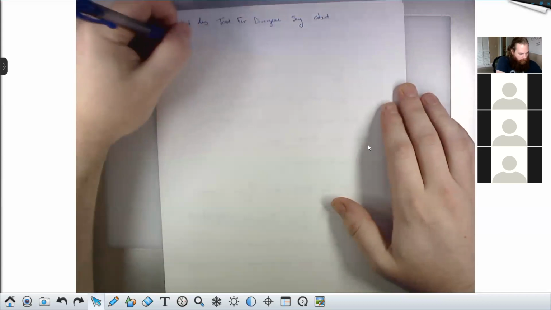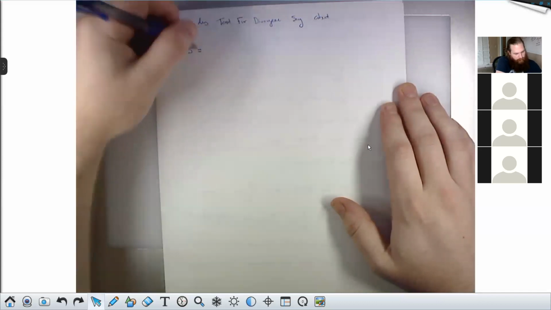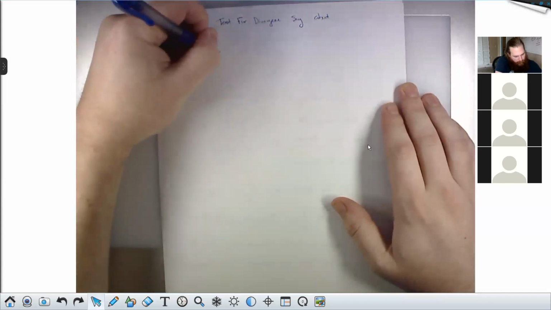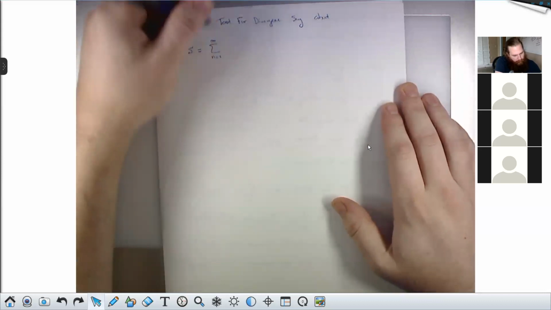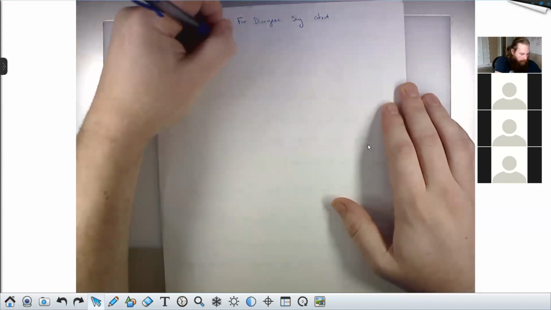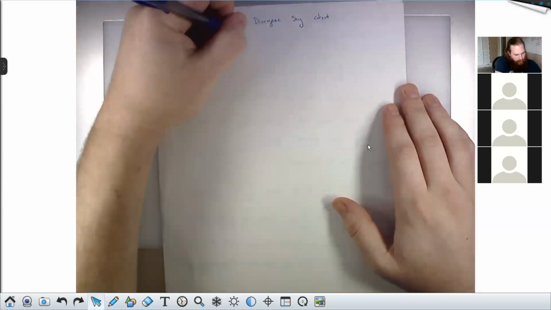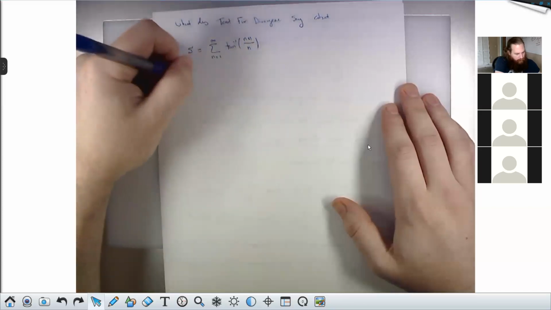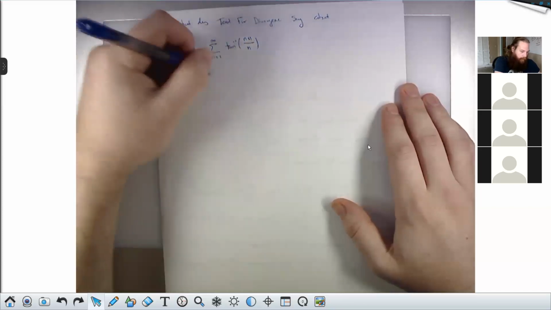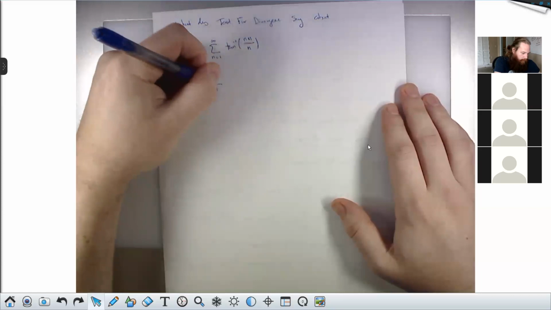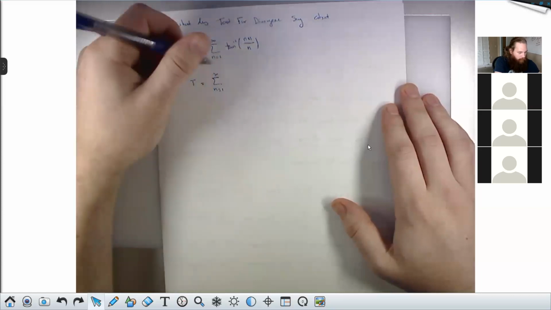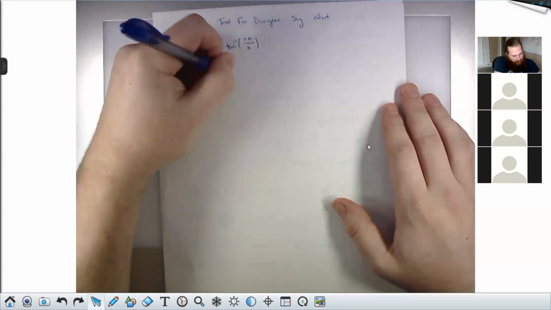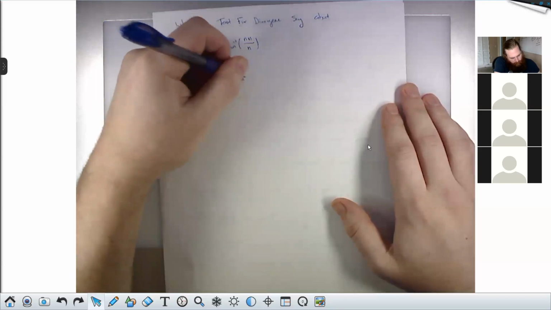The first one I'll call S, and it can be sigma n from 1 to infinity, inverse tangent of (n plus 1) over n. T can be the series sigma n from 1 to infinity sine of 1 over n.